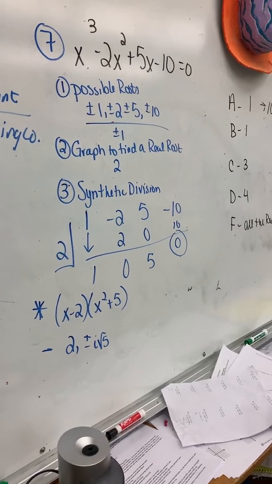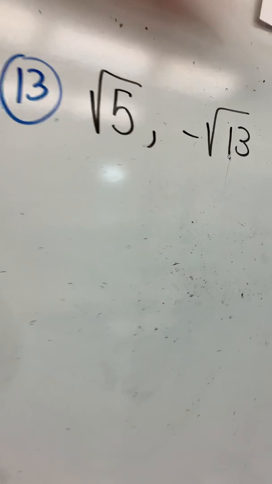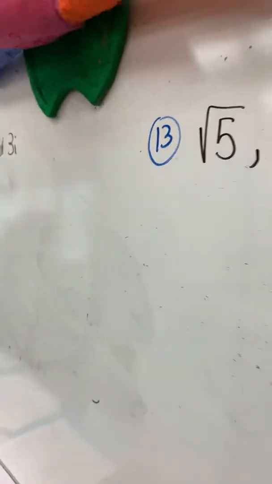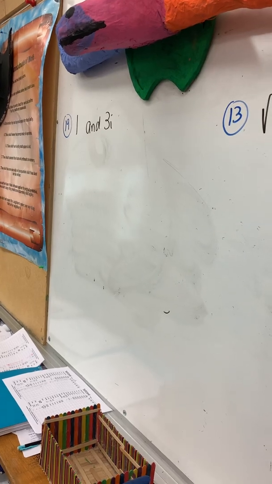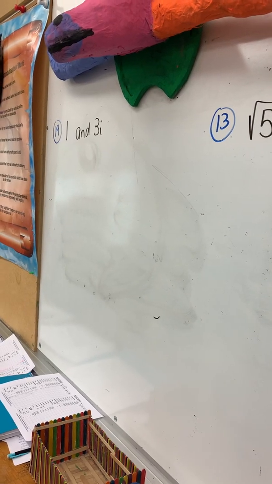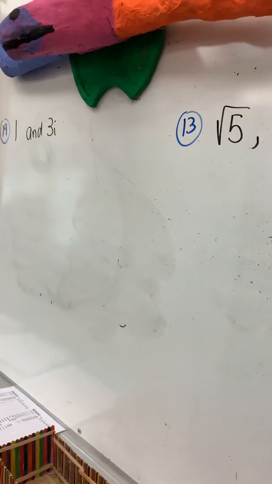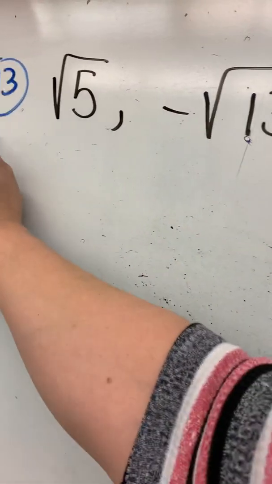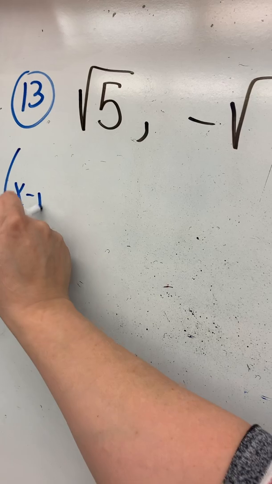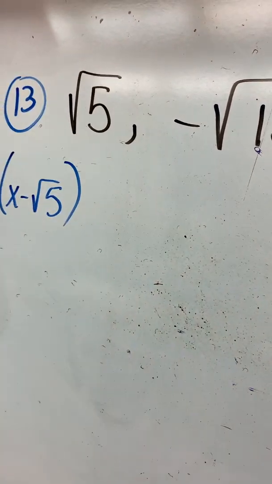All right. Now for these. Skipping over here to 13. I've got 2 roots. I've got root 5 and negative 13. When you are putting these into parentheses, because we're going to want to write the polynomial, you're going to do x minus the root 5.